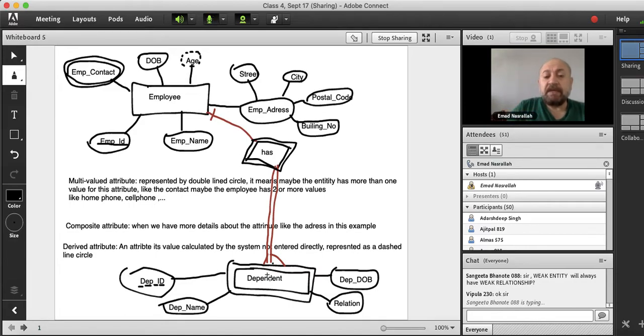Every weak entity must have a weak relationship with the owner entity. Every weak entity must have an owner entity. But maybe the weak entity has other relationships with other entities. That's not weak.